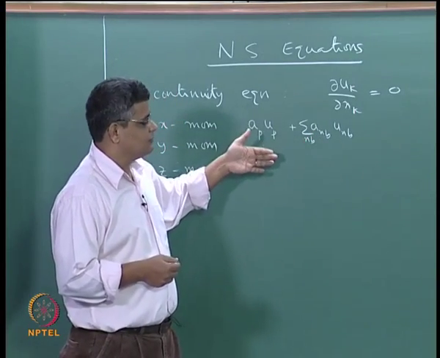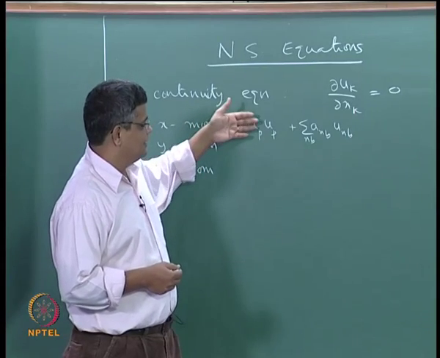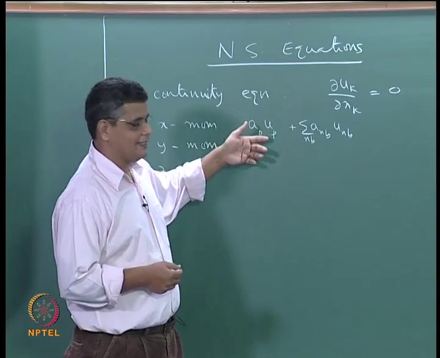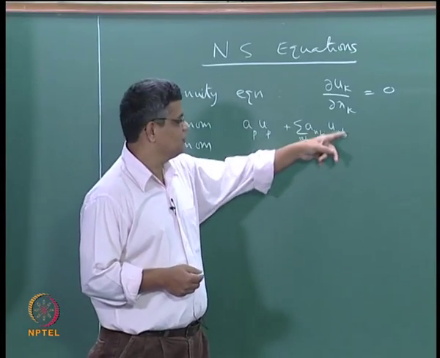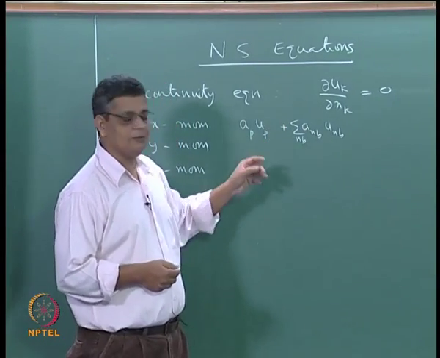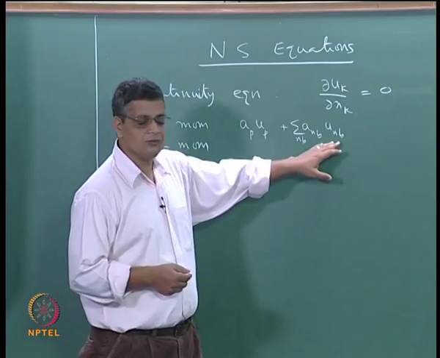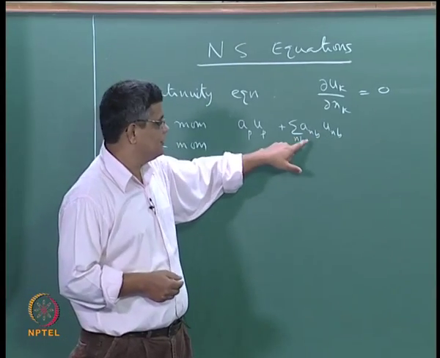But the point that we are making is that the velocity at a particular node will have contribution coming from the neighboring points, the effect of which is linearized into these coefficients.